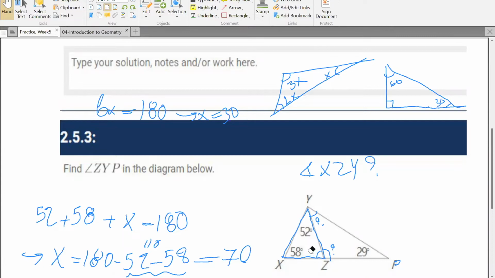If this angle is 70 degrees, yes, thank you very much, Alina. If this is 70 degrees, then the other has to be 110 because that's a straight line. And on a straight line, the angles add up to 180. Okay. Now, can someone tell me what is this angle, the final? Alina, could you please tell me what is the angle that we are looking for, ZYP?